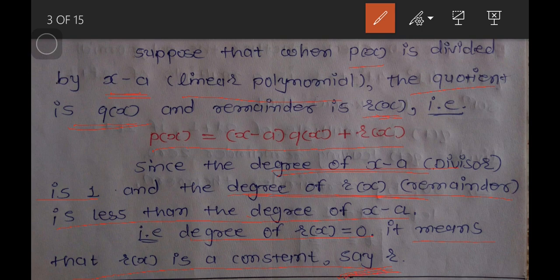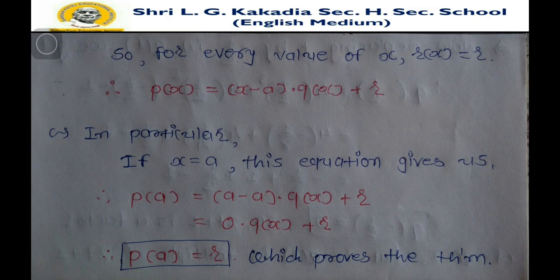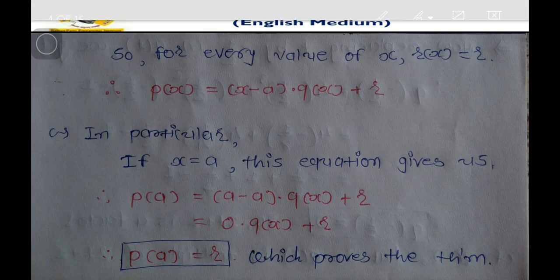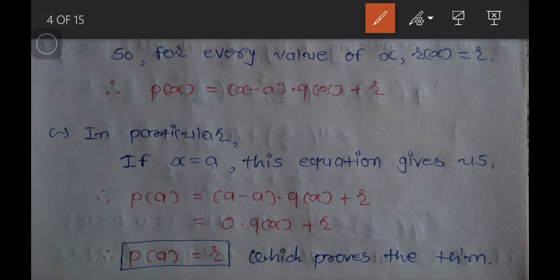Now we put these values in our algorithm. For every value of x, whenever we put a value of x in our remainder, because the remainder is constant, every time the value of the remainder is always equal to r.